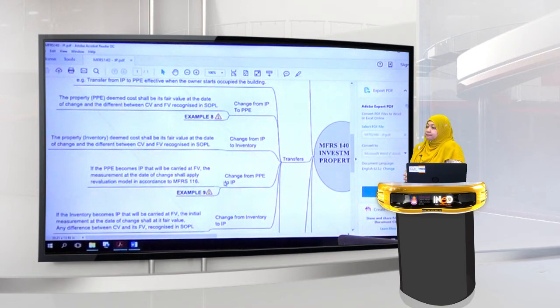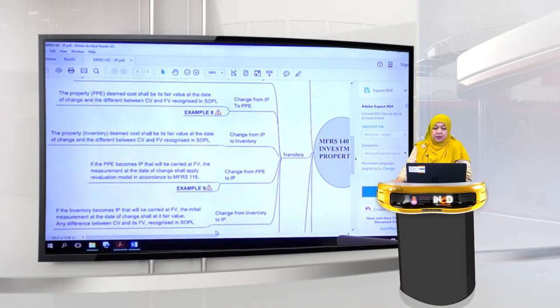For example, if your PPE is valued based on the revaluation model, and it becomes IP, which will be carried at fair value, then at the date of change, we have to use the revaluation model based on MFRS 116.